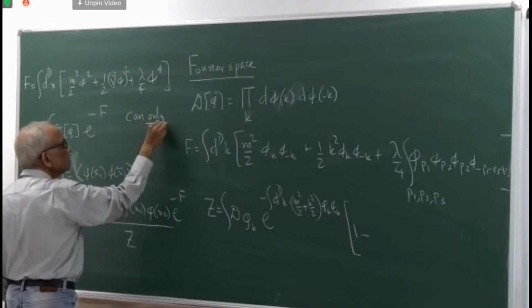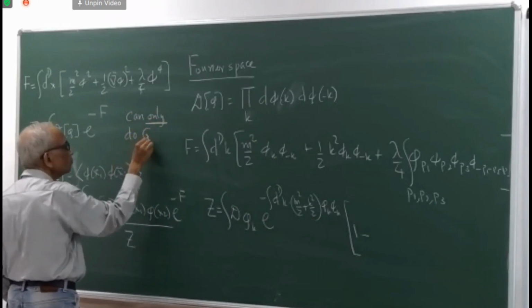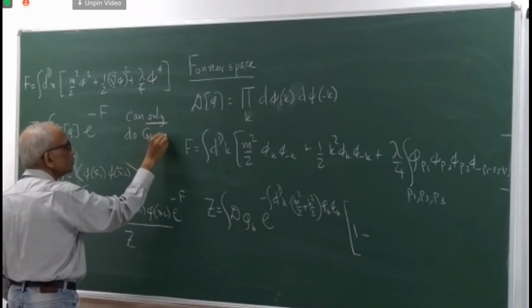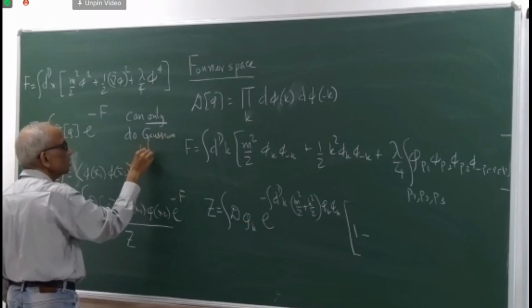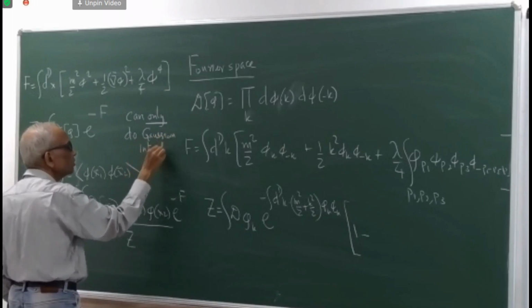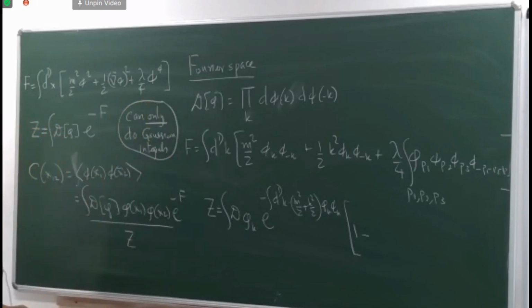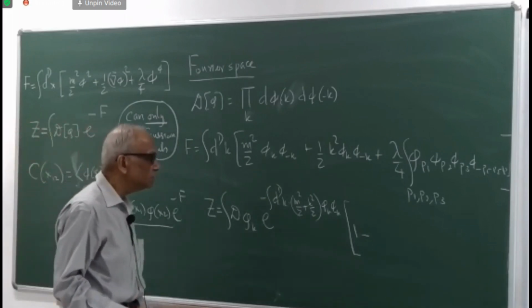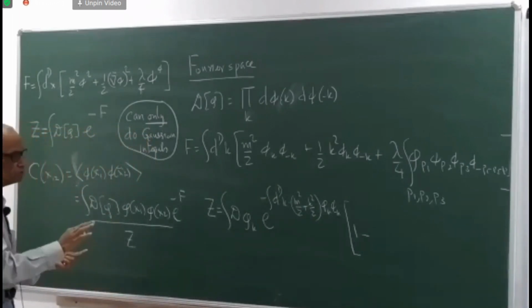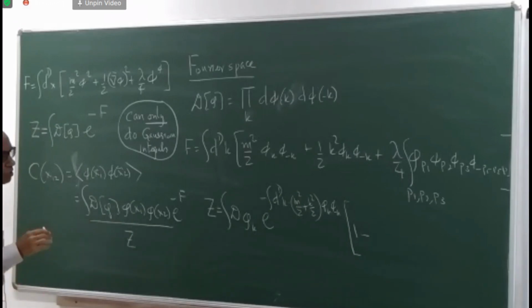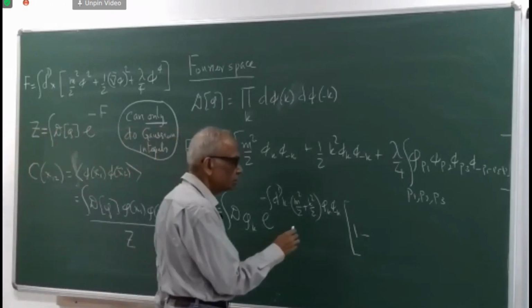And the other part was the difficult one: one can only do Gaussian integrals. So that is the technical constraint. The only functional integral one knows how to do is Gaussian integrals, and therefore that is what you need to reduce things to.